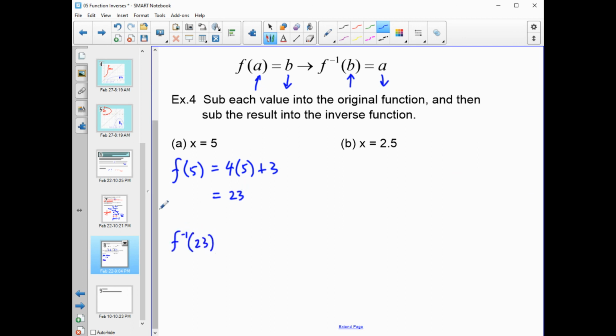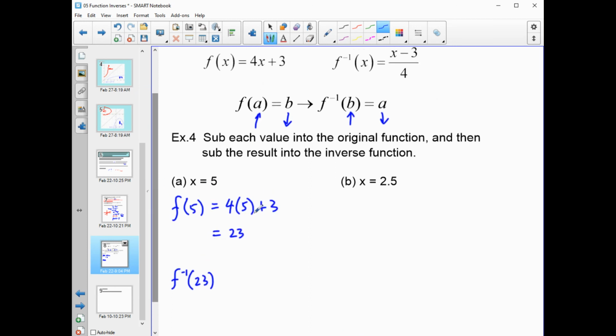I take the result of my original function, and I put that into the inverse, which is x minus 3 over 4. That's 23 minus 3 over 4. 23 minus 3 is 20, divided by 4 is, of course, equal to 5. A function and its inverse function undo each other.